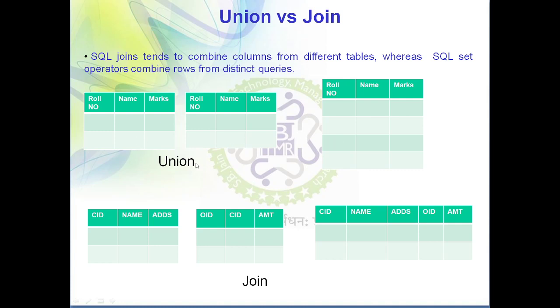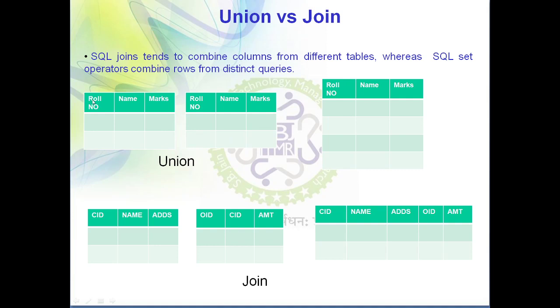This is the concept of union. As I told you, union is used to combine the rows of the tables, whereas join is used to combine the columns of the tables. For example, I have two tables T1 and T2, and I am going to perform union. The union operator is going to combine the rows.